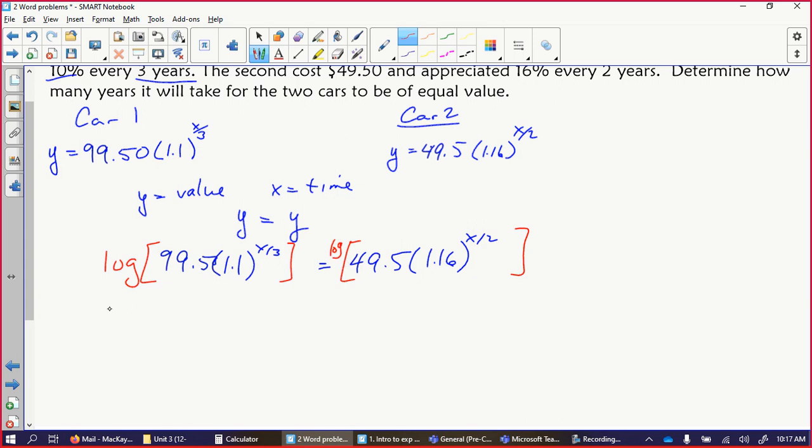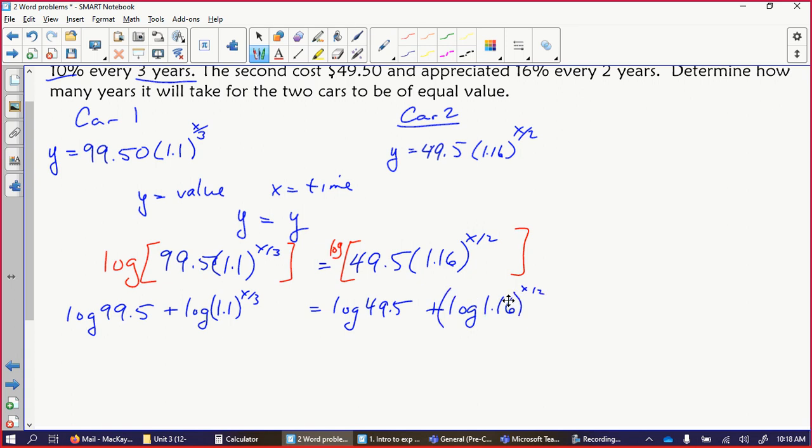So I have the log of a product, log of 99.5, because it's a product, plus log of 1.1 plus, now that's gonna, yeah.